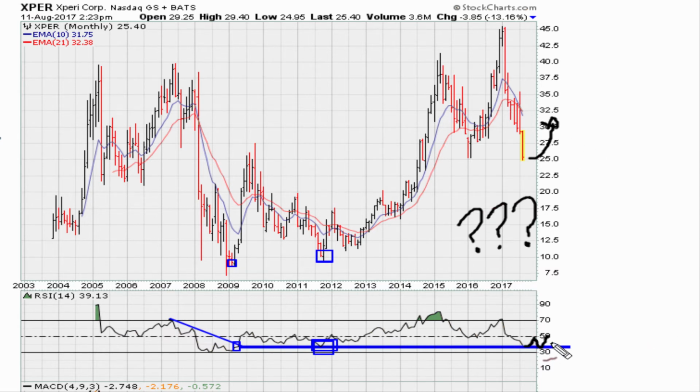At the same time, we know that if we crack below this line, something we haven't done since '09, that's going to suggest an even bigger move lower. Even though it's had a big move, if we crack below this line, expect much lower prices. So it's either make or break, support or break, for the next major trend.